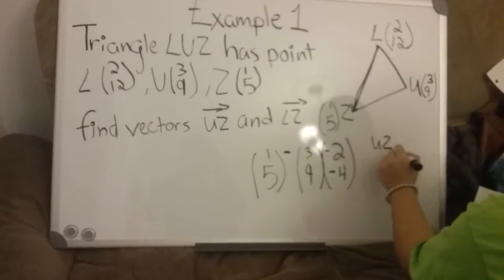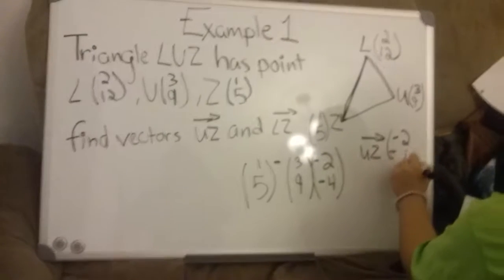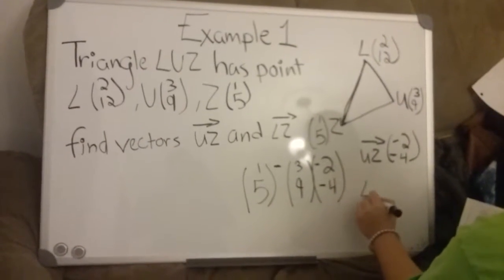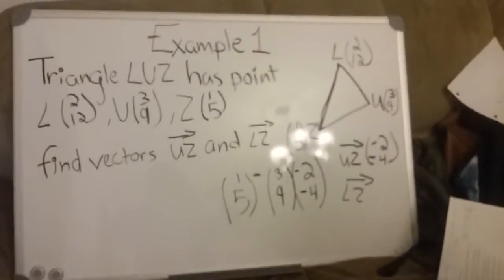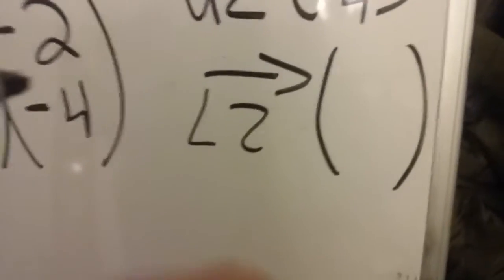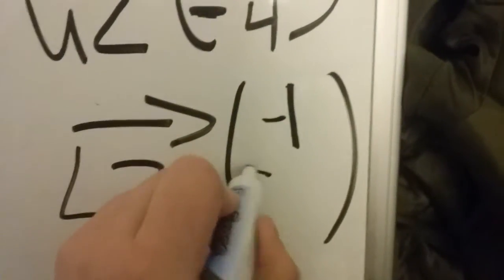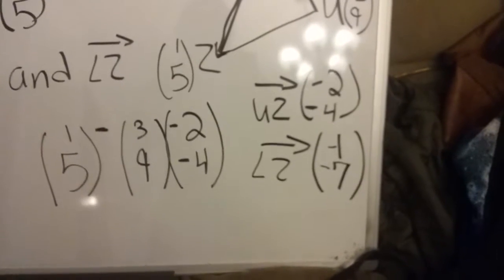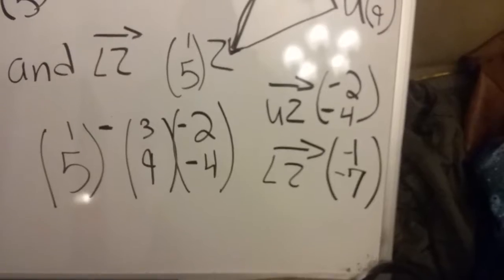So vector UZ is (-2, -4). And the result for LZ that we got was (-1, -7). That's how you find vectors from a triangle when you know the points.